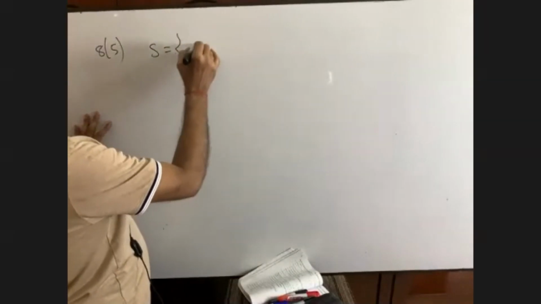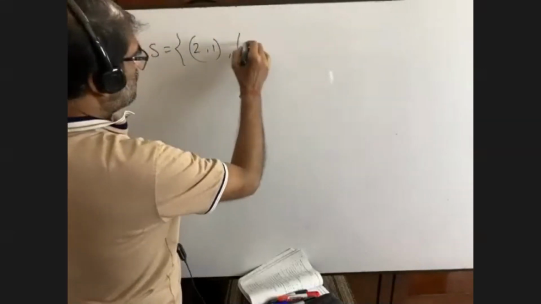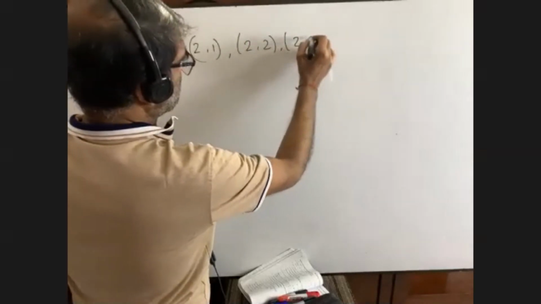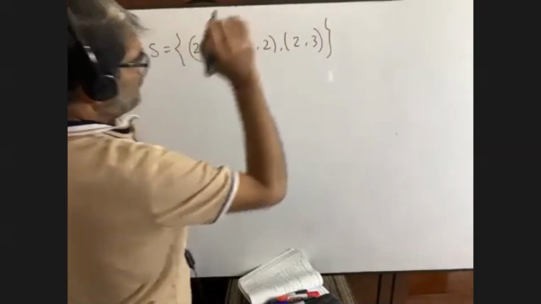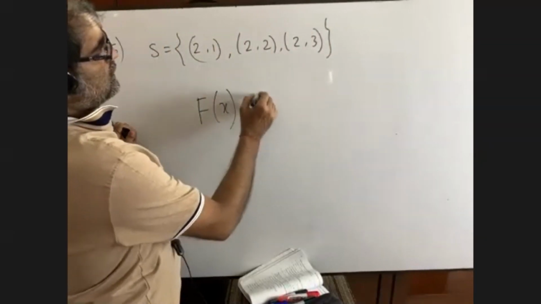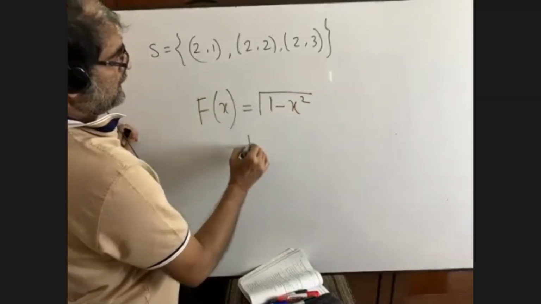S equals (2, 1), (2, 2) and (2, 3). Okay, do it. I will give a prize to whoever can. You have to find the domain.